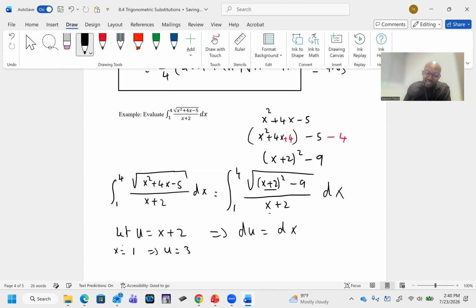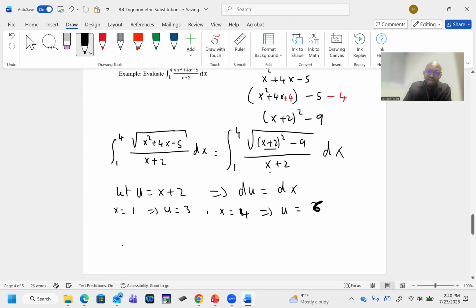And if x is equal to 4, then u will be 6.